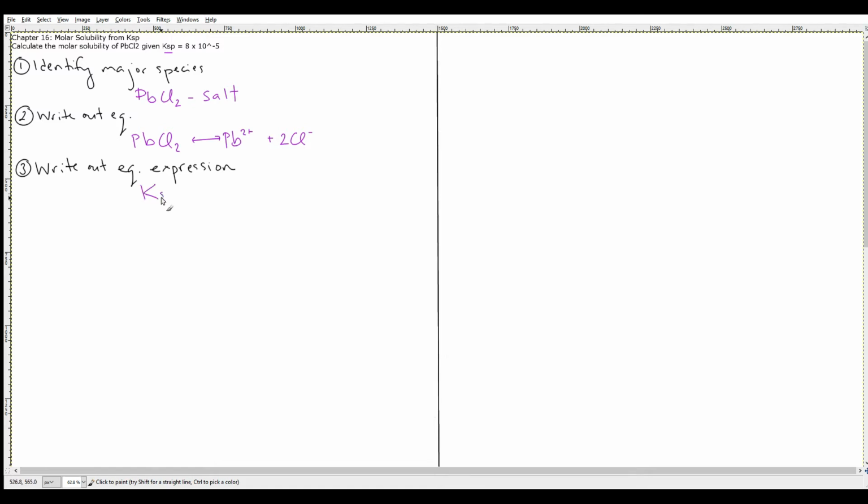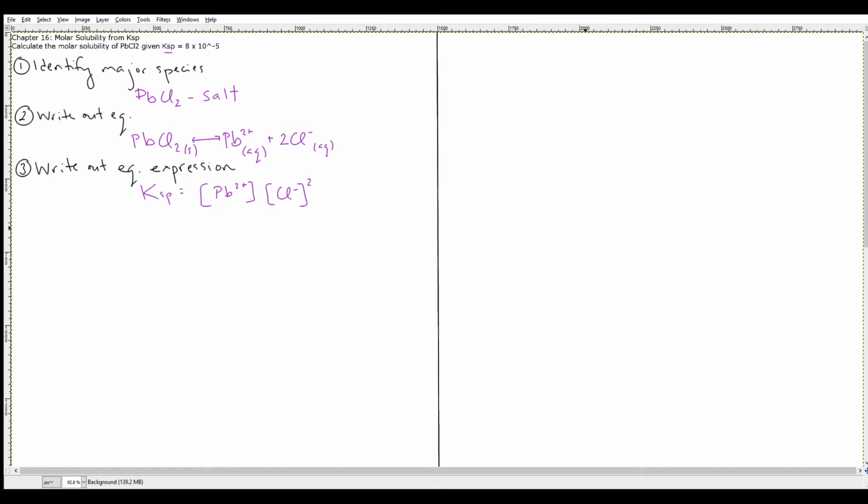So we'll have a KSP equal to, now remember we are starting with a solid and then it is dissolved, so it ends up being aqueous. So we're only going to include our aqueous substances. We don't include solids or liquids.